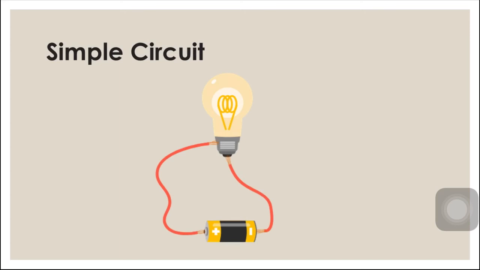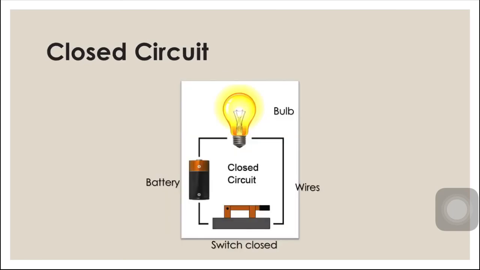But what if we want to turn the light on and off? We need to break the circuit, which means we need to put a space in it somewhere to stop the flow of electricity. We use a switch. A switch allows us to make a space in the circuit if we want to.